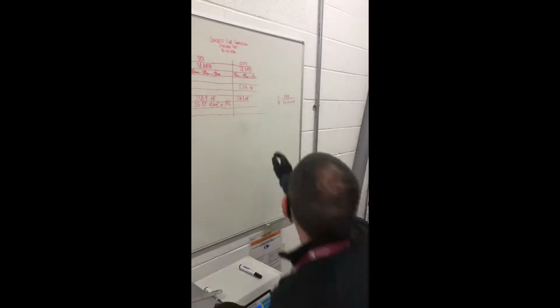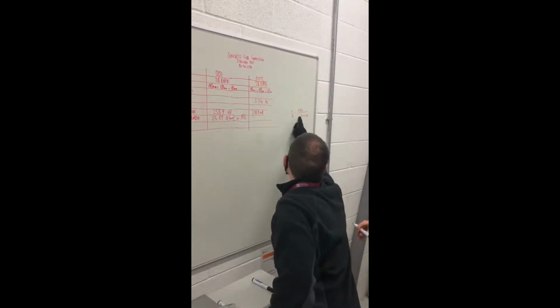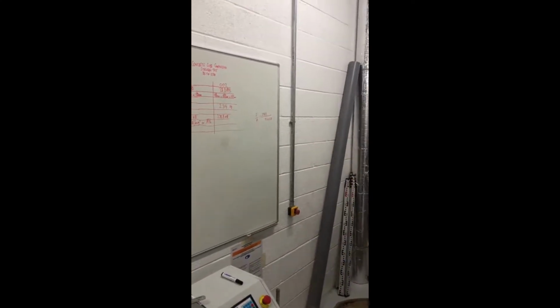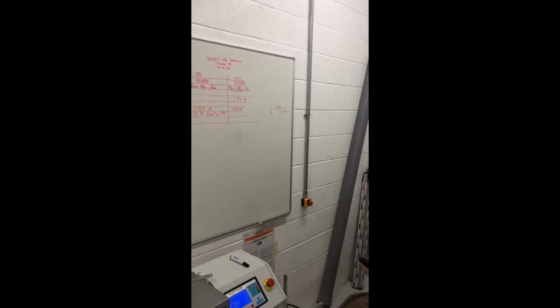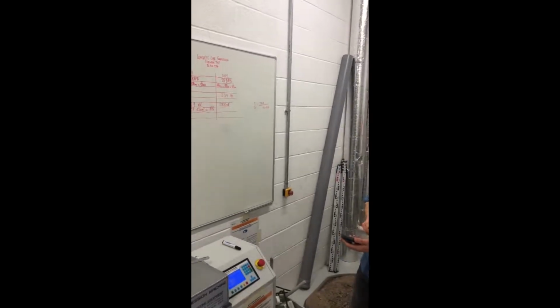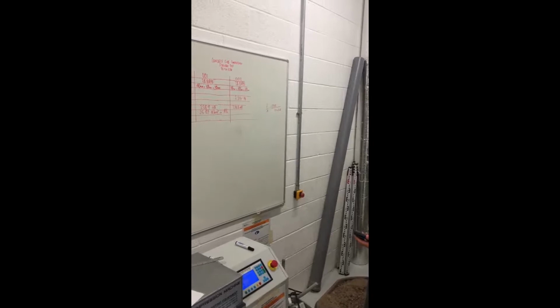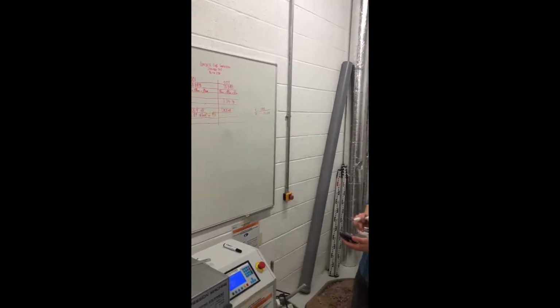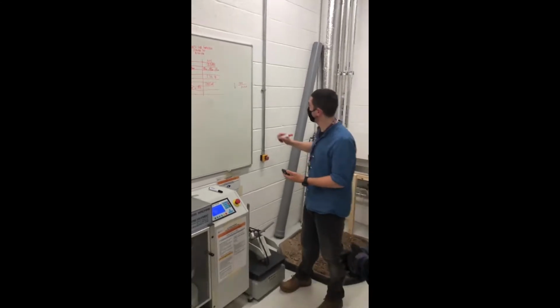So that should be, oh, that's the volume, that's my area. Okay. So if we do that calculation, that will give us our compressive strength for the cube in newtons per millimeter squared, or megapascals.